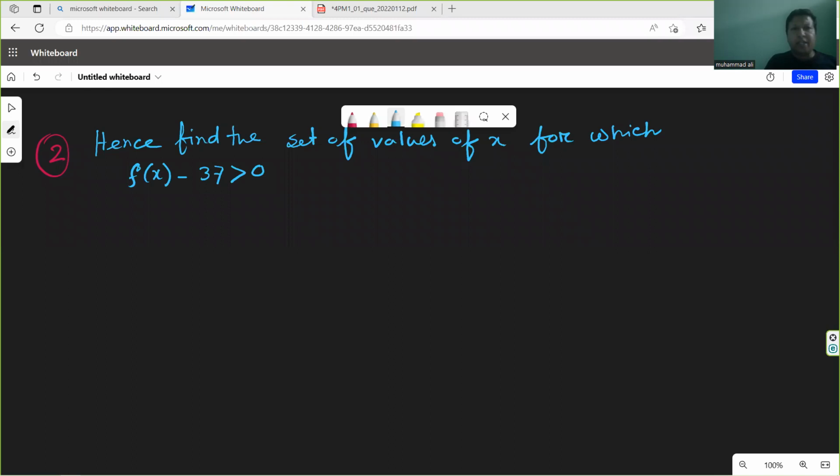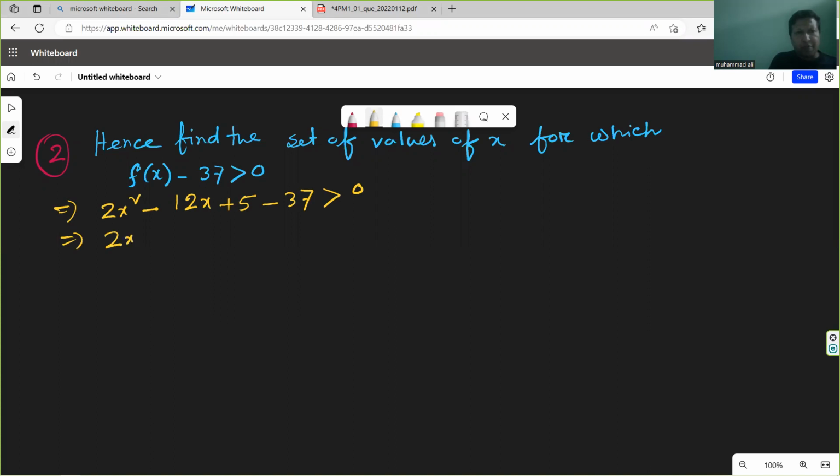The second question is: hence find the set of values of x for which f(x) minus 37 is greater than 0. Our function f(x) was 2x squared minus 12x plus 5, so minus 37 greater than 0.